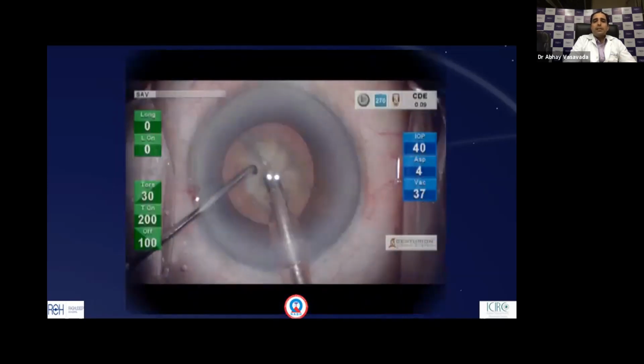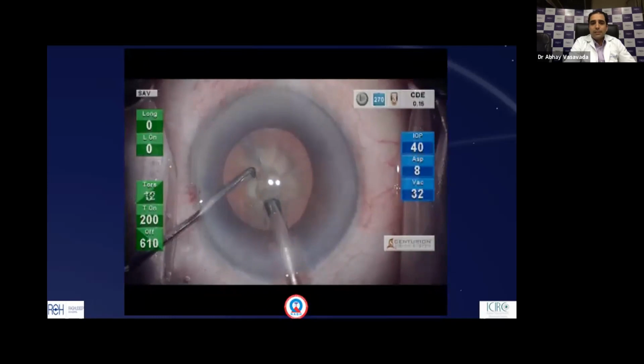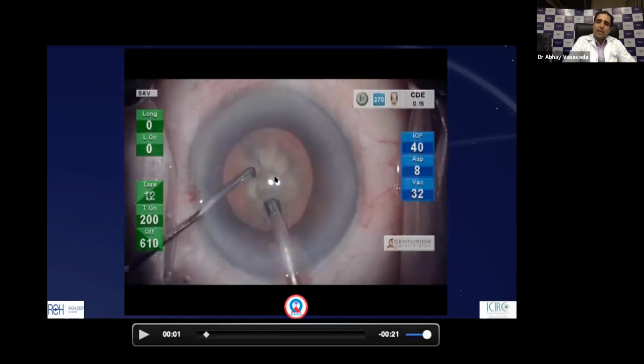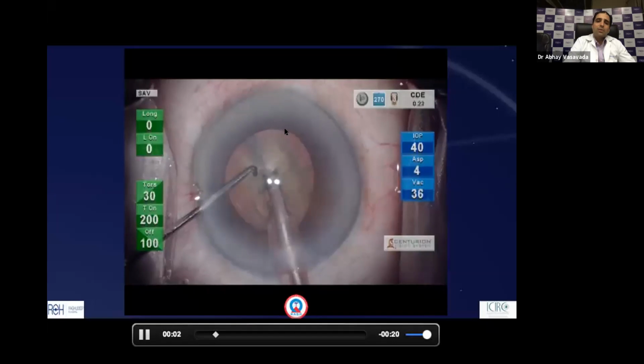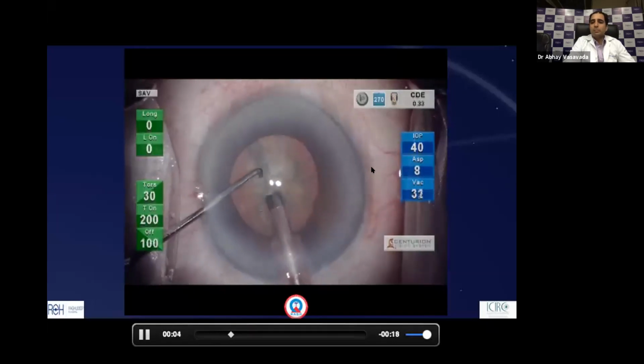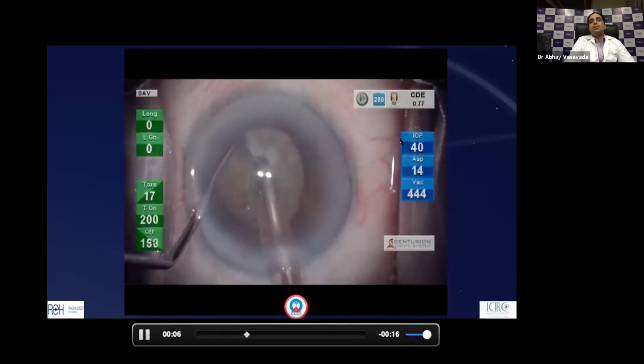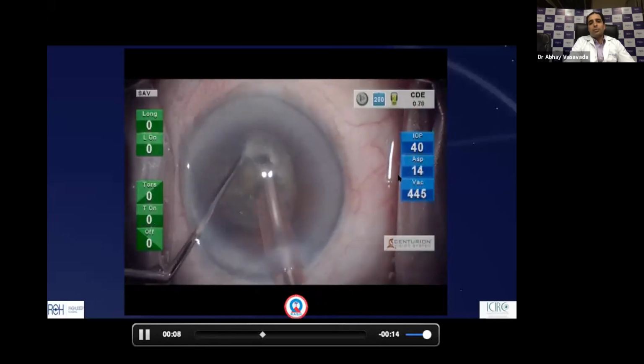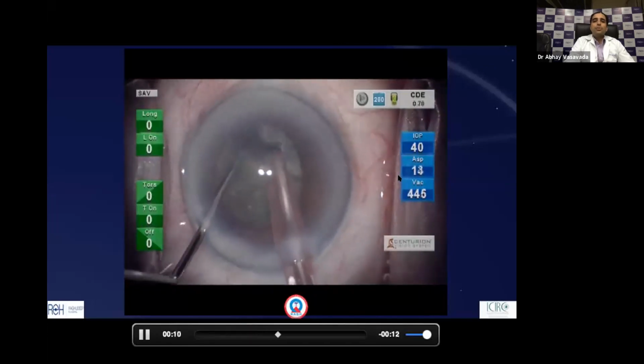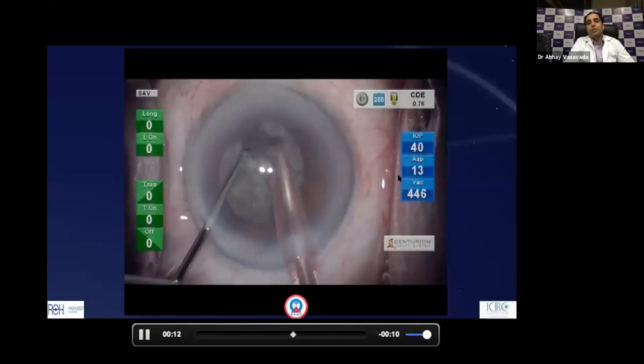This is what most of us are used to doing, where we start off with a reasonably dilated, not an extremely small pupil, and you think you would get away without using retractors. And here the only key is the boxes on the right side. Whatever parameters you are used to using, make sure you use much lower than in a normal situation.